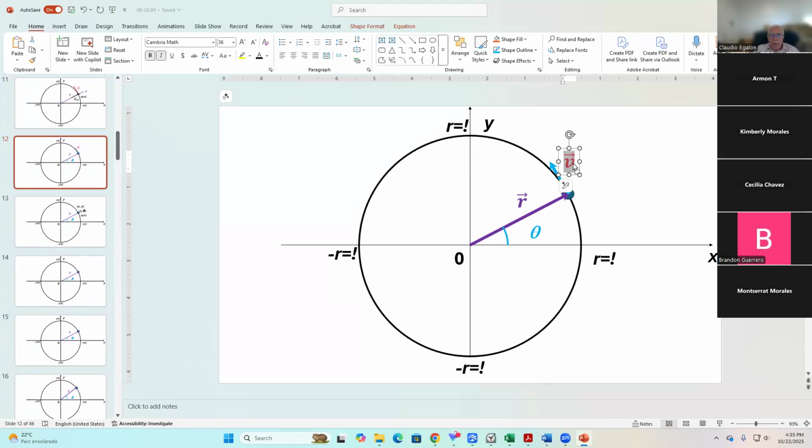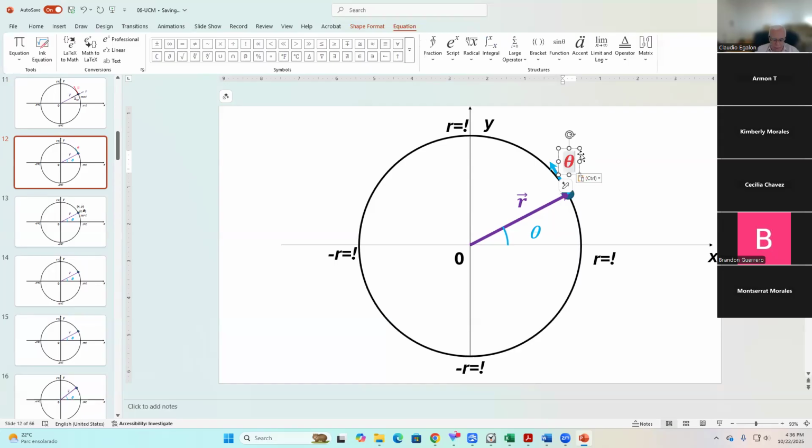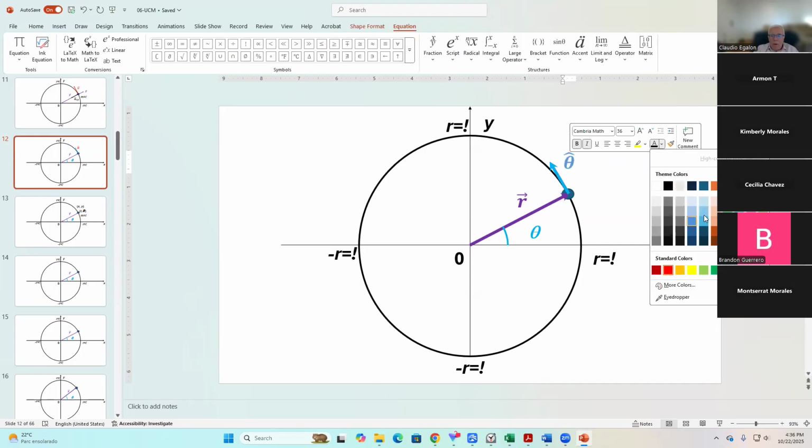And here is going to be theta hat. That's the unit vector theta, and I'm going to make it in the blue color.